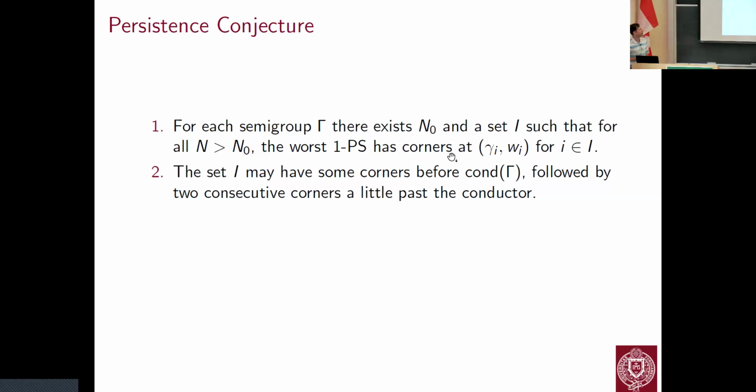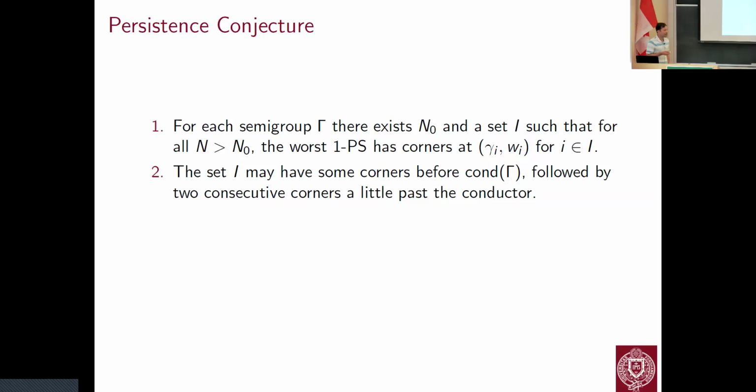The set of corners seems to have the pattern that you might have some corners that come before the conductor of gamma, but there's always going to be either 1 or 2 consecutive corners that are just a little past the conductor. And so as you raise n, you don't get something that's sort of changing forever after that. The set of corners seems to be fixed after a certain point.